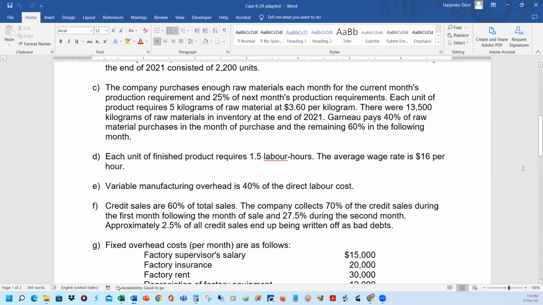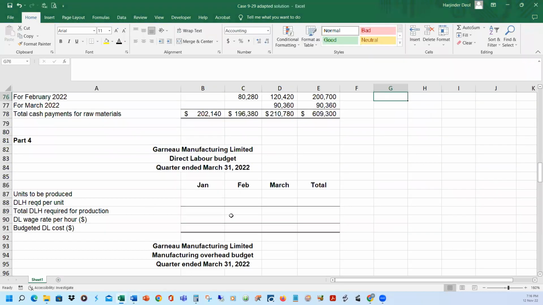And the average wage rate is $16 per hour. If you multiply the number of labor hours by $16, we'll get the direct labor costs for each of the months. That's a fairly straightforward calculation after the complex calculation we saw for materials purchases and the production budgets.